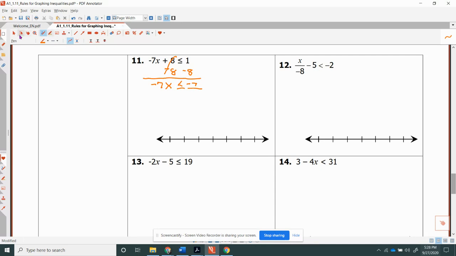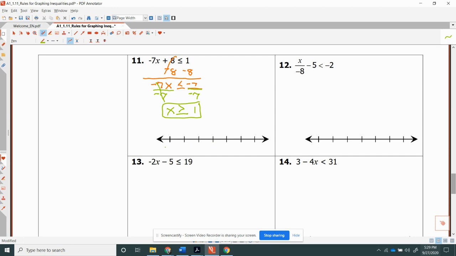Now we are going to change the color so you can see the steps. So now we are going to divide both sides of the inequality by negative 7 in order to isolate that x. Because we did that, we need to flip the inequality sign, and we will have now x is greater than or equal to 1, because negative 7 divided by negative 7 is 1.